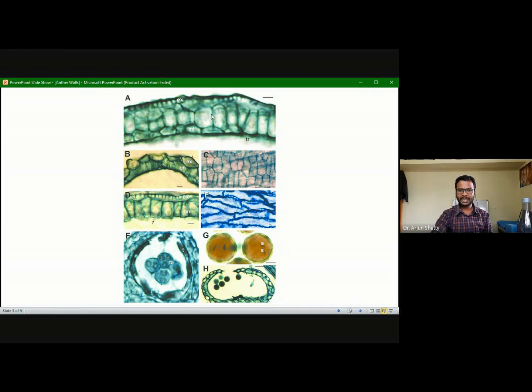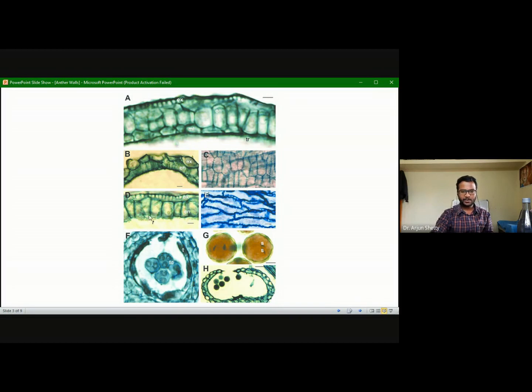You are going to see the endothecium with cells arranged in a radial pattern. In some cases the cells are arranged in two tiers, and the remaining are arranged in a single layer.